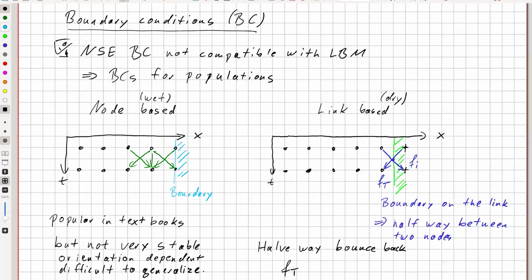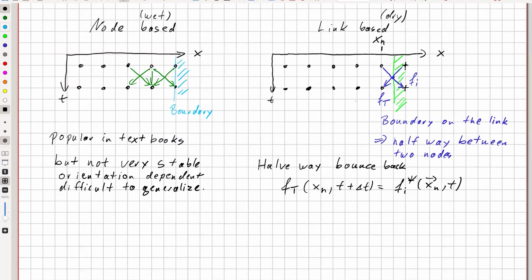This is when Fi at the last position, so this is xn, so f at xn at the next time step, t plus delta t, the incoming pre-collision state, is equal to the post-collision state before at the same position. We simply return this here.